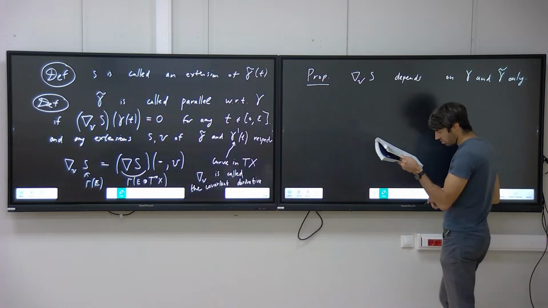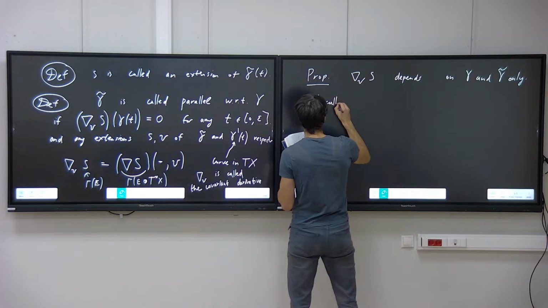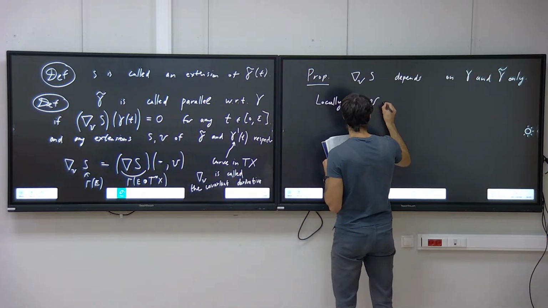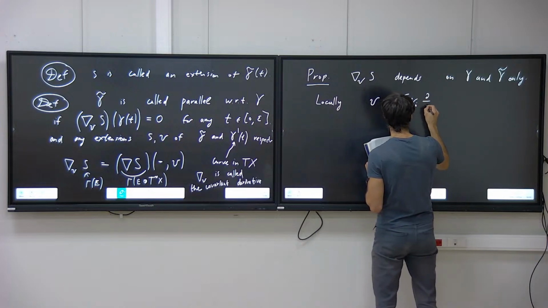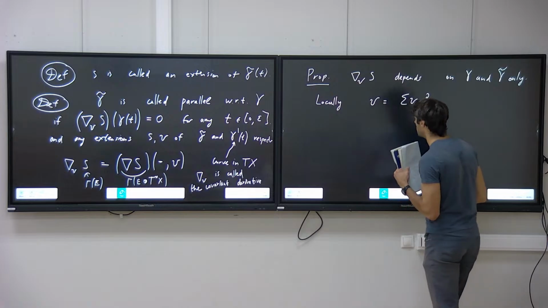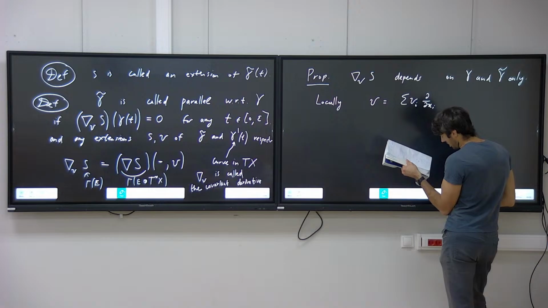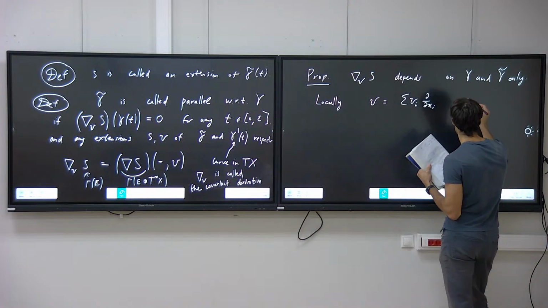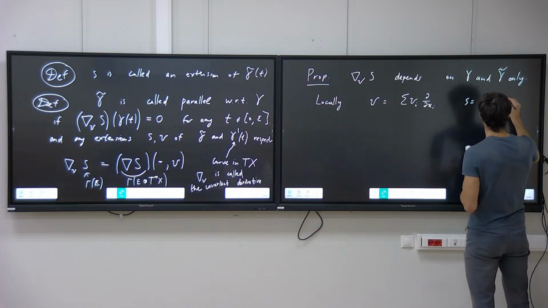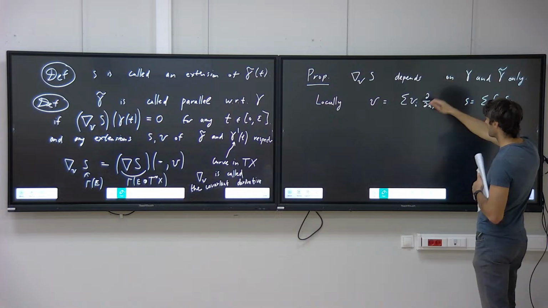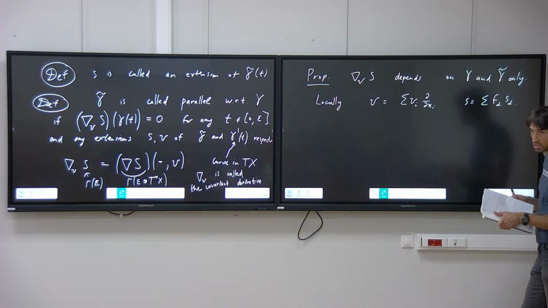So I need to go local here. Locally, V is the sum over i of V^i d/dx^i, and so it's a vector field, as I figured. And S also can be decomposed as the sum over alpha of f^alpha S_alpha. So I fix S_alphas, fix coordinates, and I write locally V and S like that.